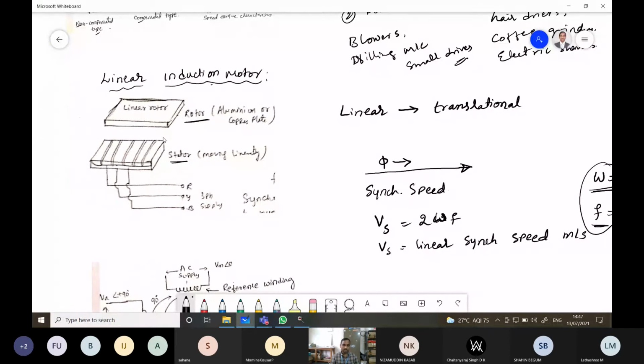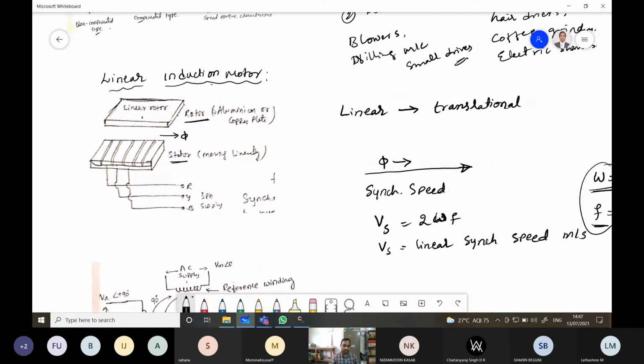The flux is moving in one direction, like this, and it drags the rotor in the same direction. However, in many practical applications the rotor is stationary and the stator is moving.